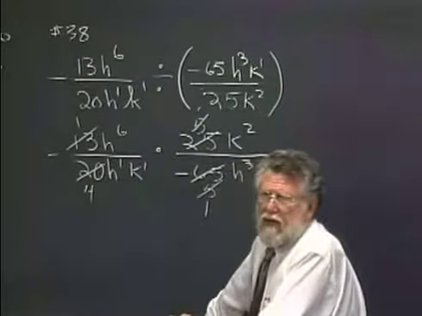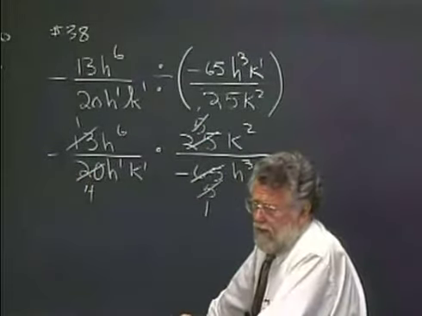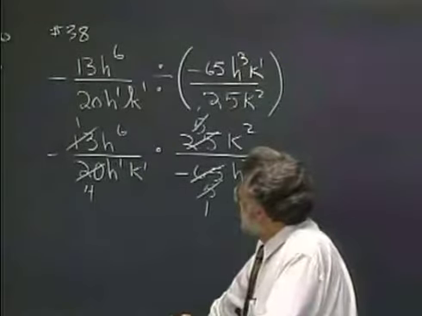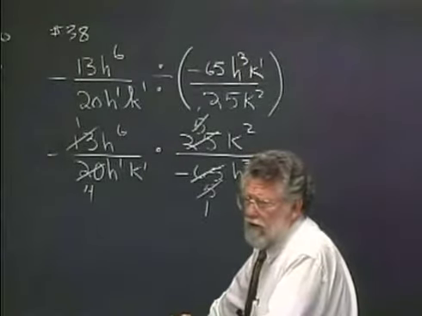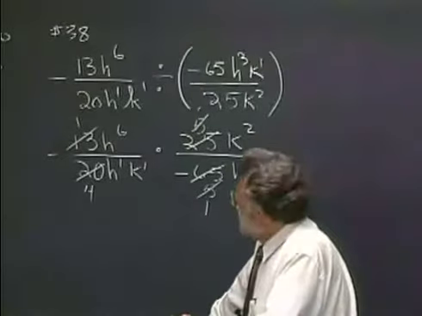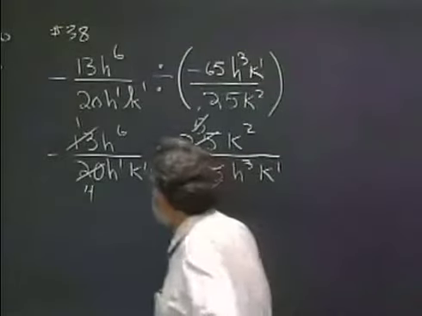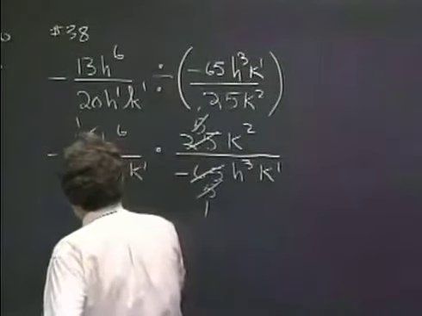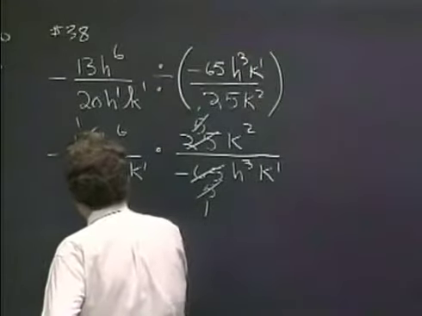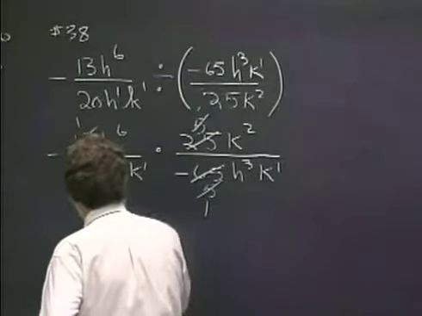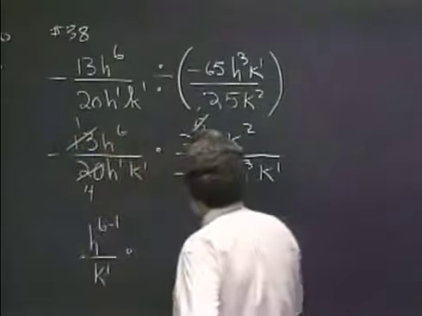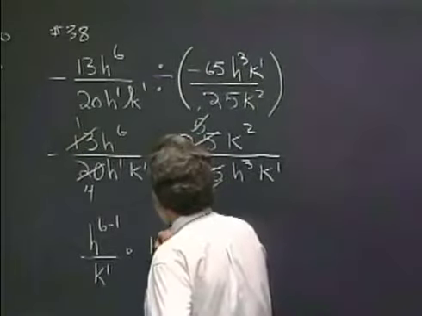So I don't mind seeing that in that step, but I don't want to deal with some of the confusion that occurs starting to work with the exponents there. So I would like to see this as h to the 6 minus 1 over k to the first times, and then I have a k.